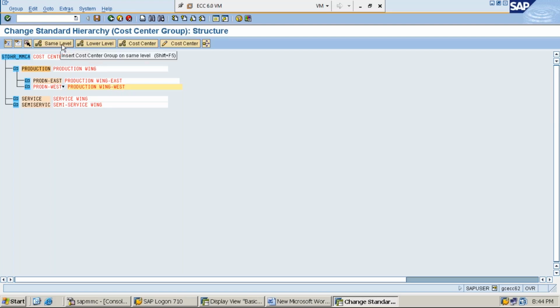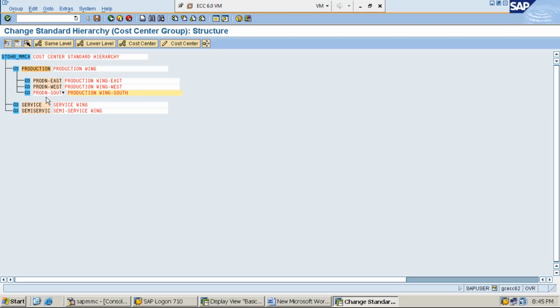Click on same level. And I'm naming it as PRODN SOUT, production wing South.